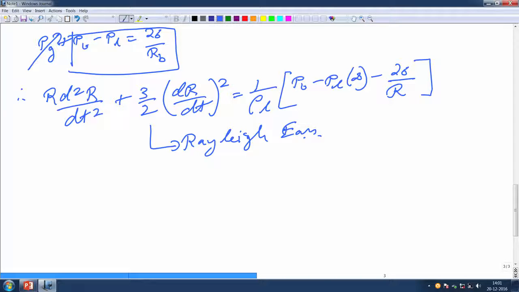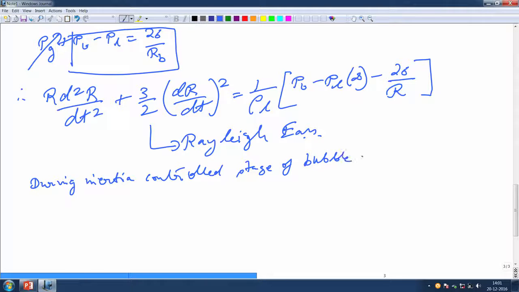However, there were some interesting findings that people noted. One of those findings was that during the inertia controlled stage of bubble growth, which are the initial stages, one can conclude that the surface tension, given by 2 sigma by R, is negligible.